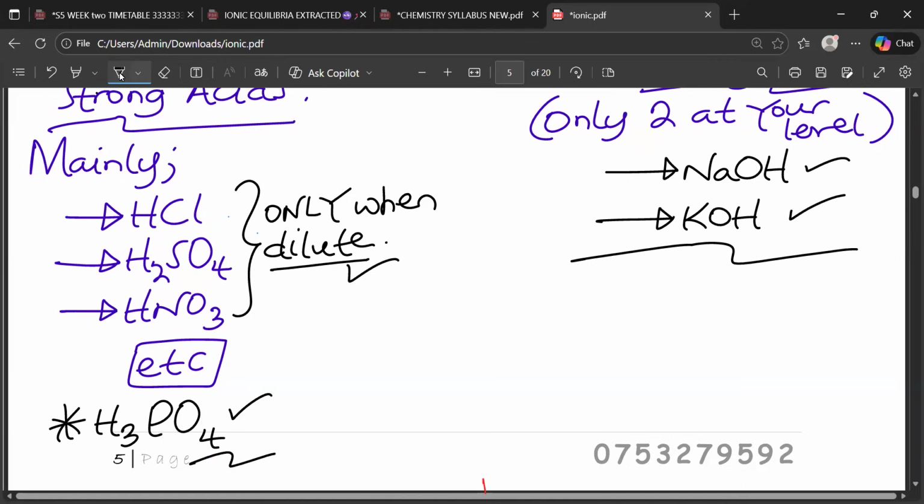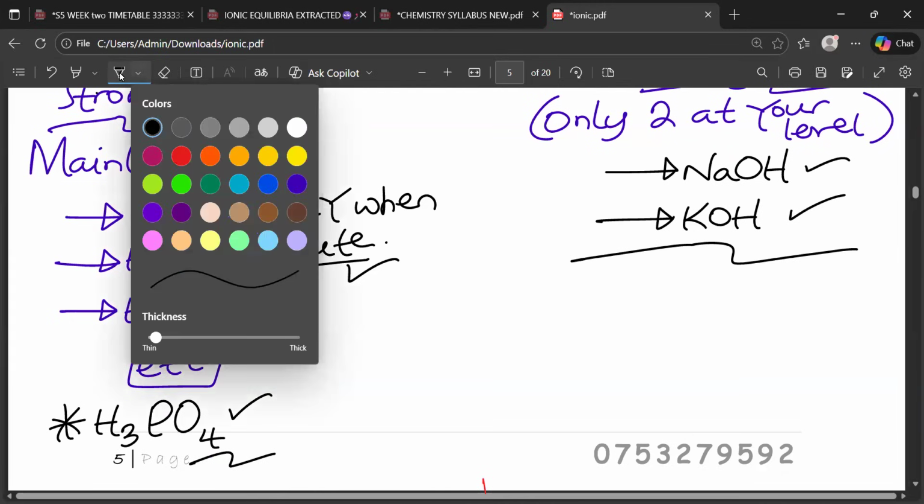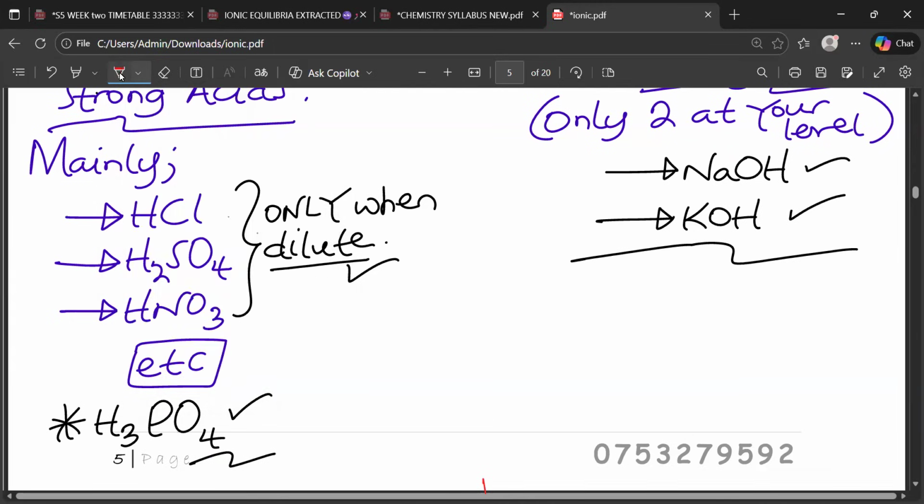Dilute. There is this thing I'm going to just mention and I will never maybe write it, but it's supposed to be here. You just listen to it. An acid like sulfuric acid, the moment it's concentrated, it is weak. It cannot be a strong acid.